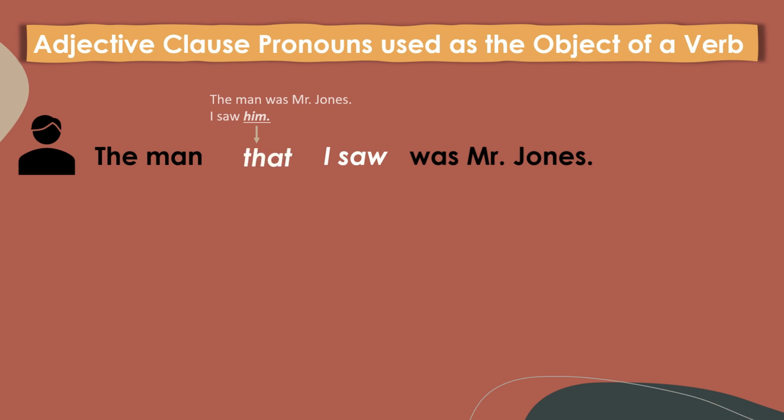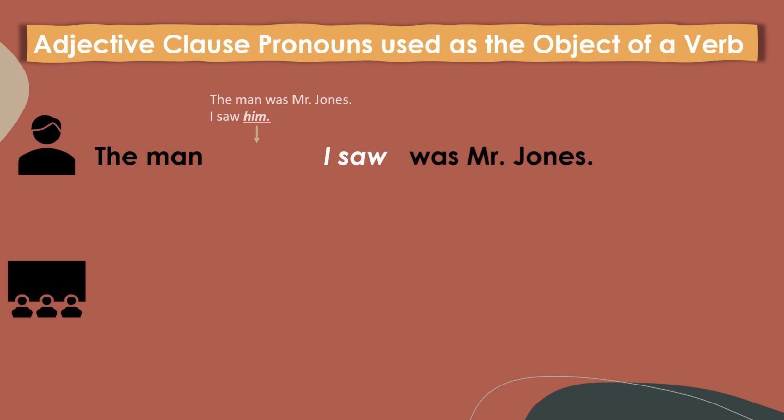Or maybe you can use that. It's fine. Or you just omit everything. The man I saw was Mr. Jones. And this is another common occurrence of the adjective clause that is used to modify the object of a verb.